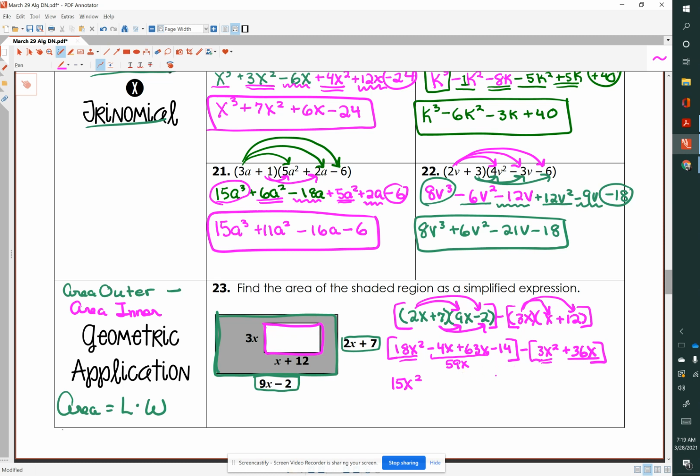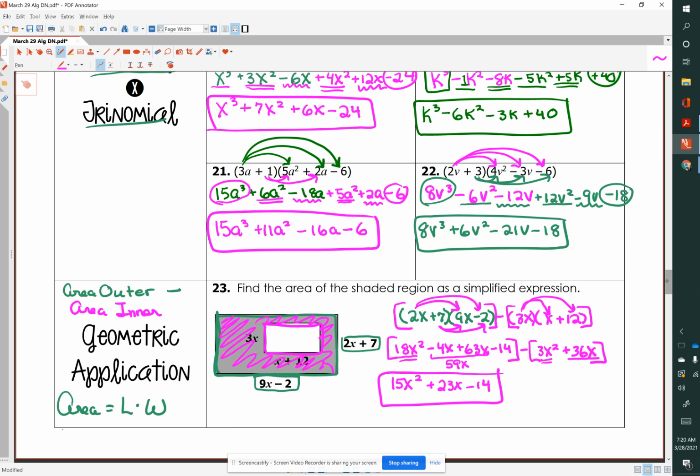So positive 59 minus a positive 36 is positive 23x. And negative 14 does not have another term that we can subtract, so we just bring that down, and this is our final answer. This is the area of what I'm shading now as the pink shaded region.